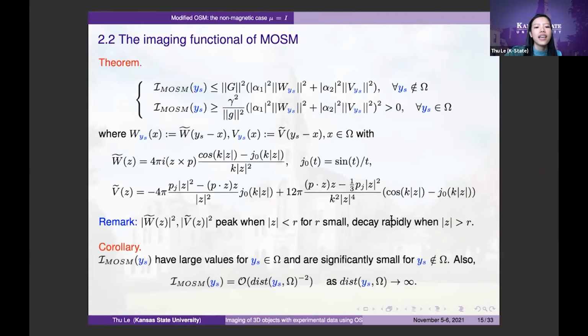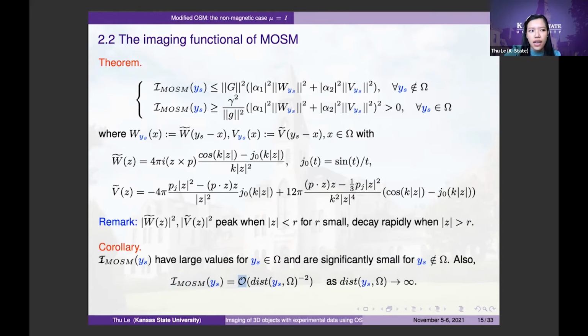The imaging functional will have large values if the sampling point is inside the target, and significantly small values if the sampling point is outside the target. We can also show that it decays as big O of the distance between the sampling point and the target to the power -2 as the distance tends to infinity.